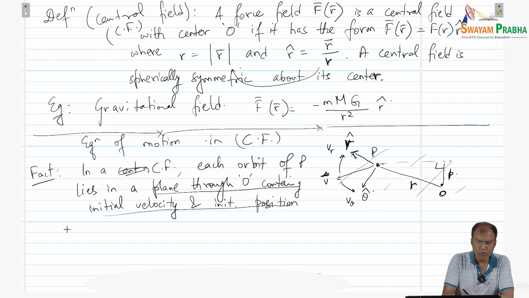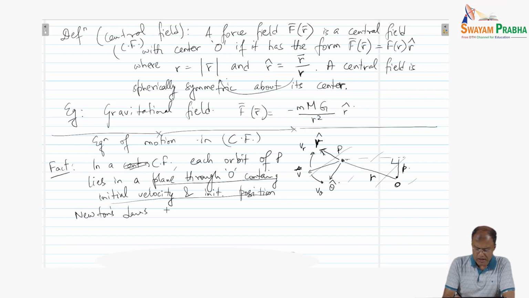Okay, so then we can quickly write down Newton's laws of motion in this case in polar coordinates, because we are talking about radial and tangential directions here. The Newton's laws of motion in polar form are as follows.